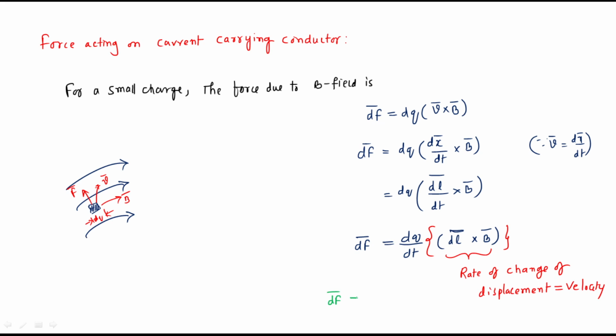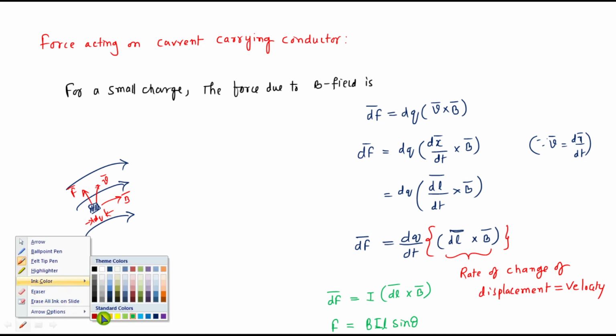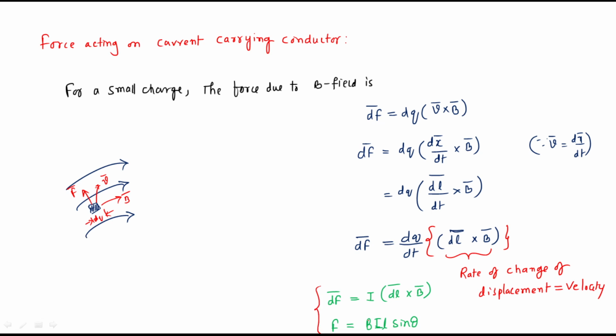So df equals current into dl cross B, and finally F equals B I L sin theta. This is the force acting on a current carrying conductor. That's it. This is the concept of Lorentz force equation and the force acting on a current carrying conductor.